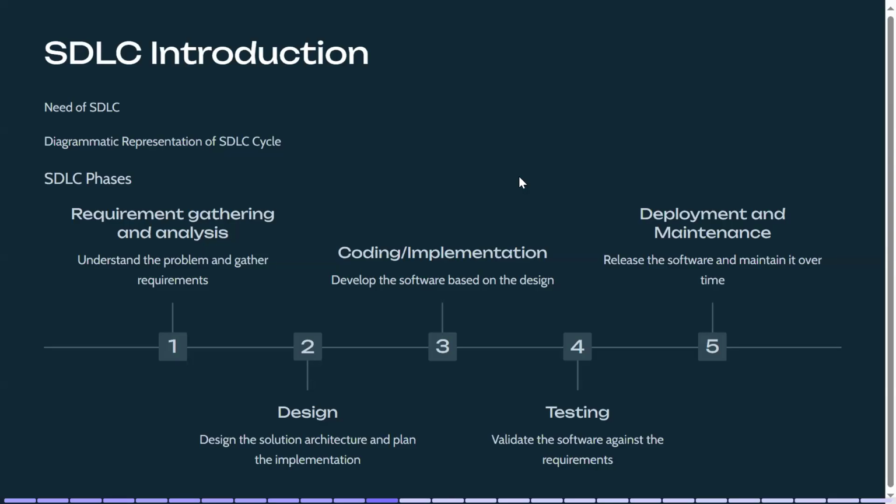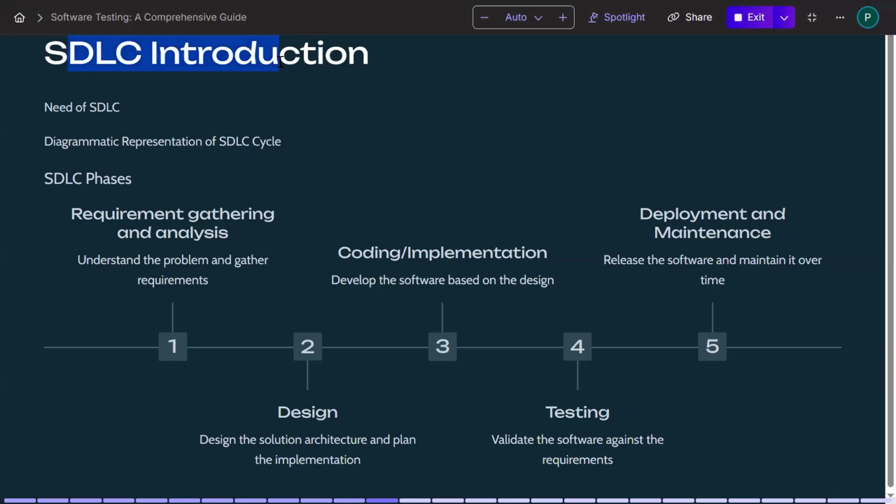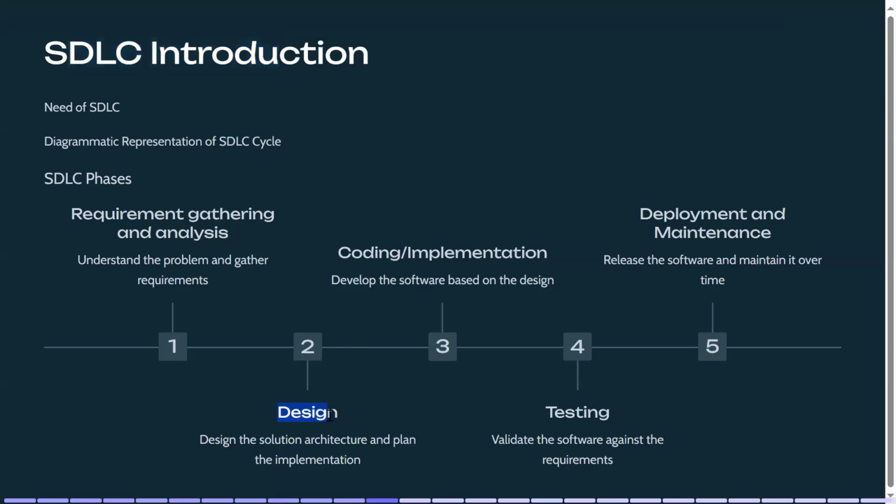So here, basically the software development life cycle is a structured process used by any software industry to design, develop, test, and deploy a software application.